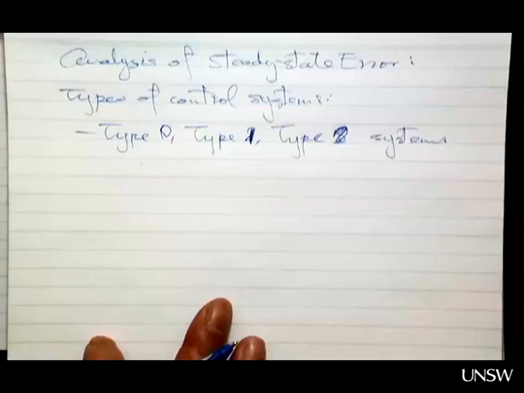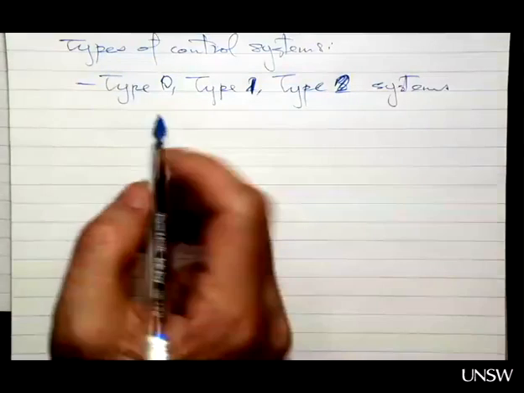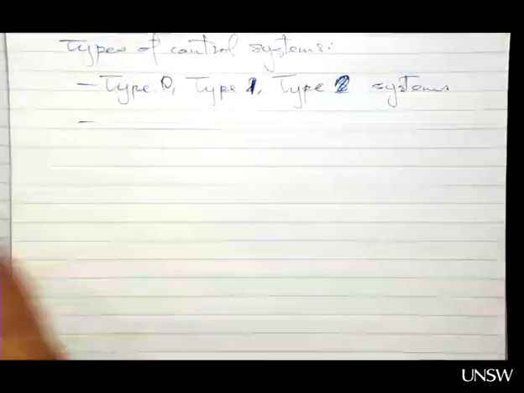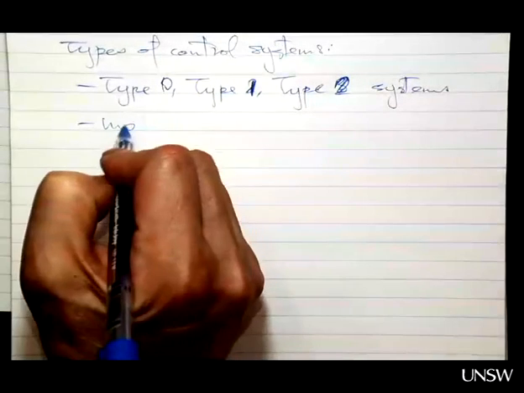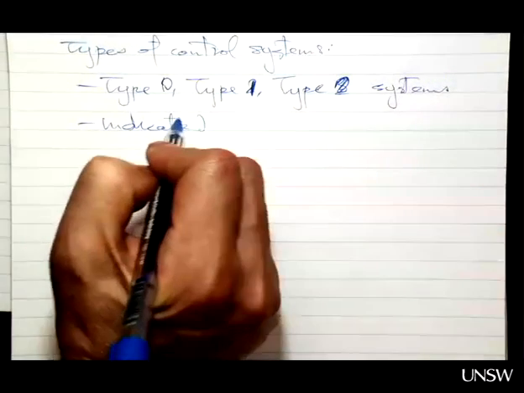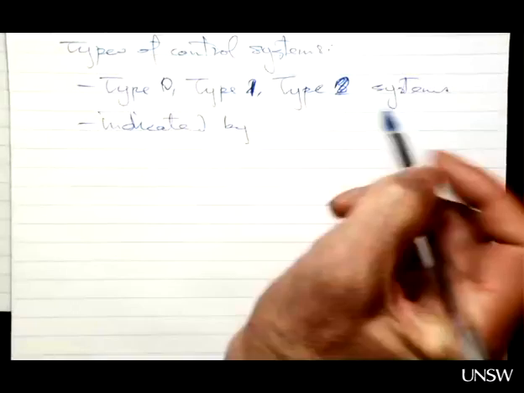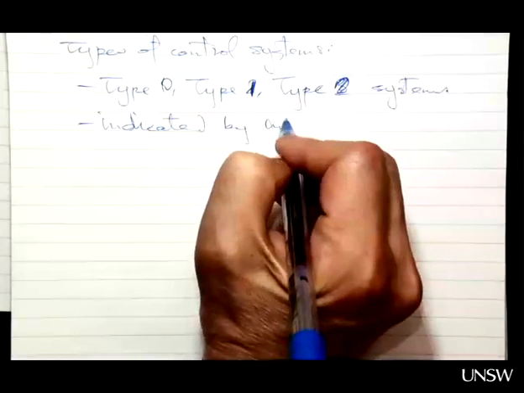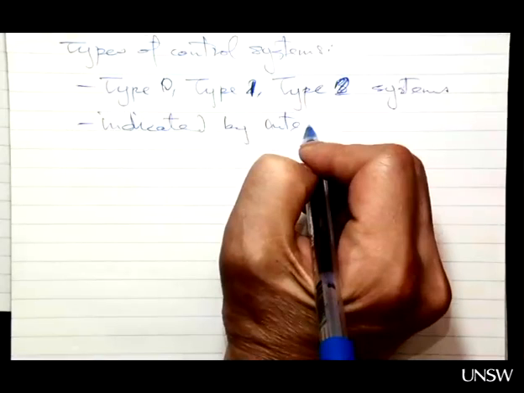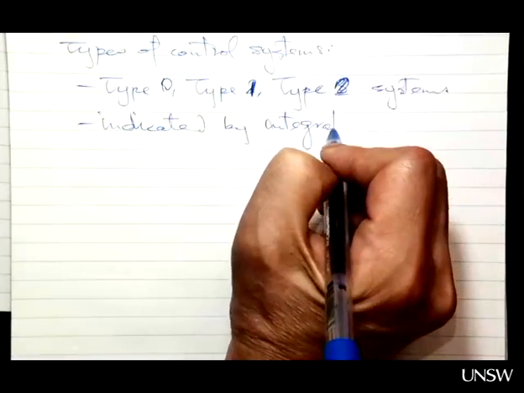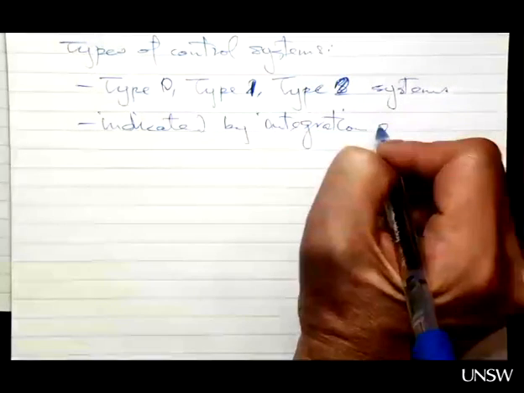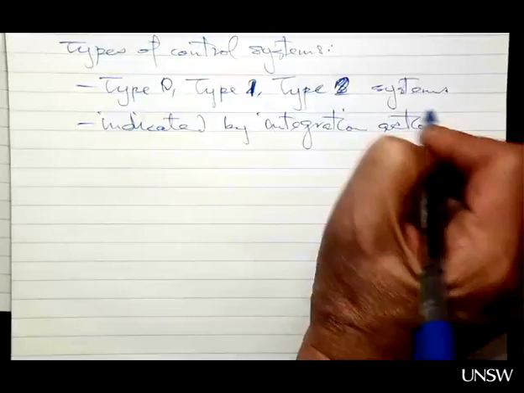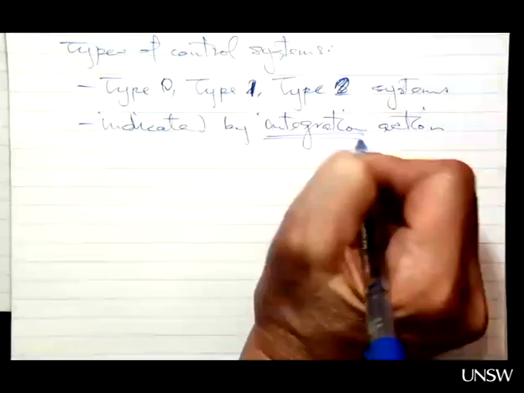So the types of systems is indicated by the integrators or the integration actions. It is important.